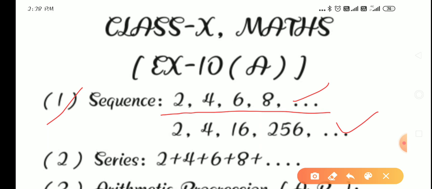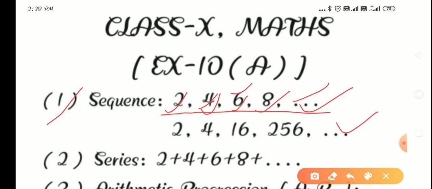Now following a certain rule, you can see here each term is 2 more than its preceding term in the first sequence. 4 is 2 more than 2, 6 is 2 more than 4, 8 is 2 more than 6. So this is the rule, 2 more than.